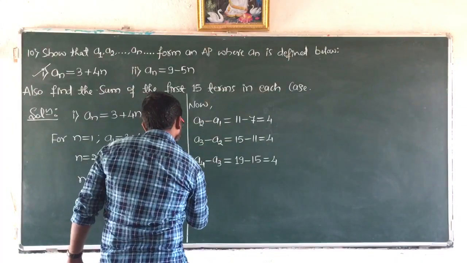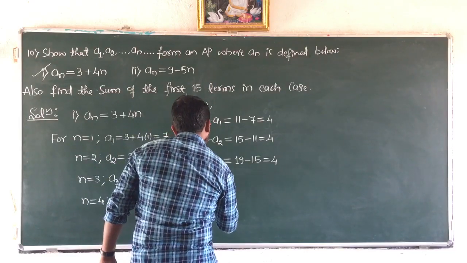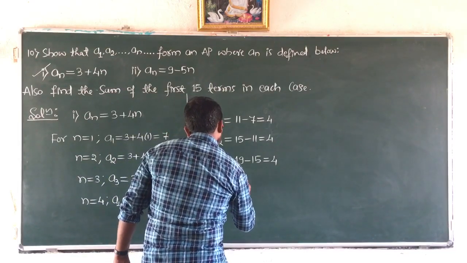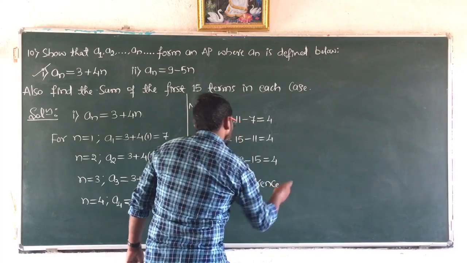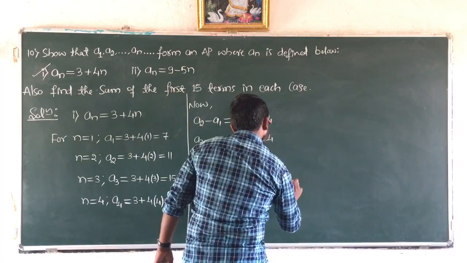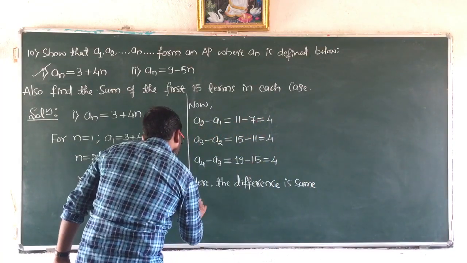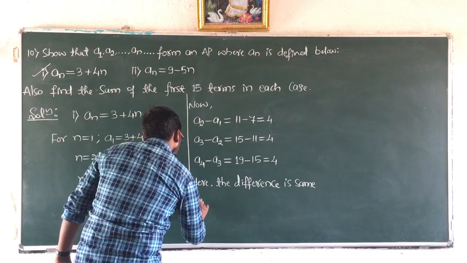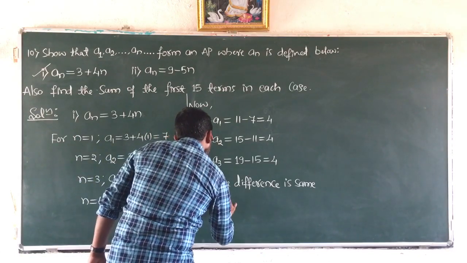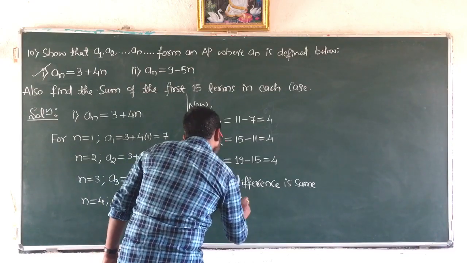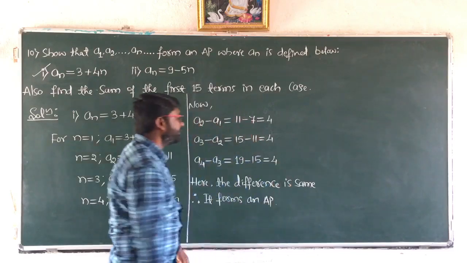Here the difference is same. Therefore it forms an AP, an arithmetic progression.